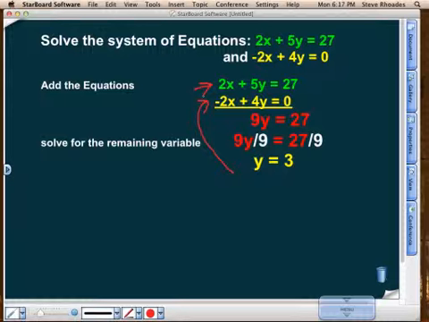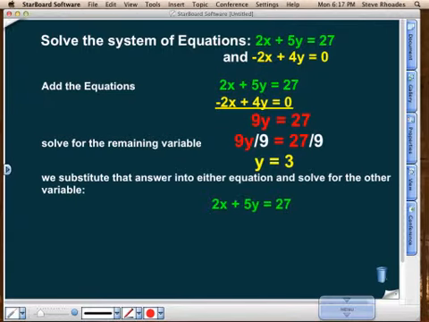All right, so y is equal to 3. So I'm going to substitute that in place, and I chose this equation, 2x plus 5y equals 27. That's one of our original equations. It's that one right there. We're going to take this 3 and put it in place of that y.